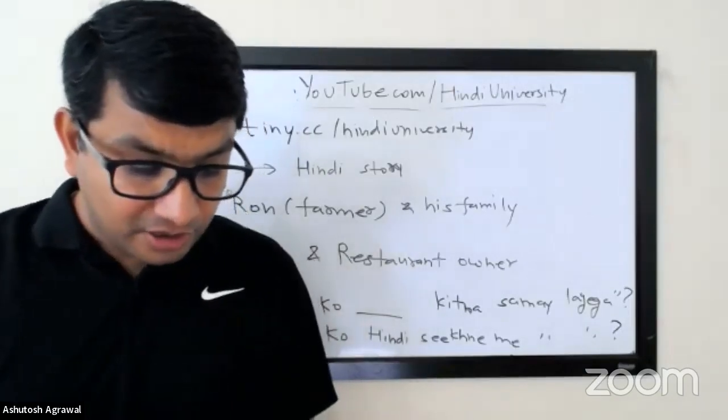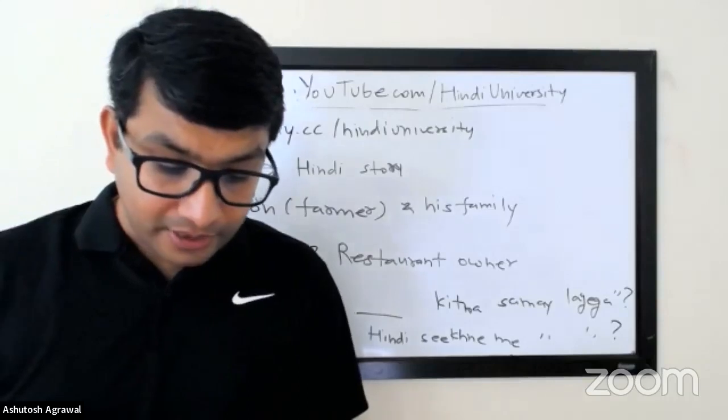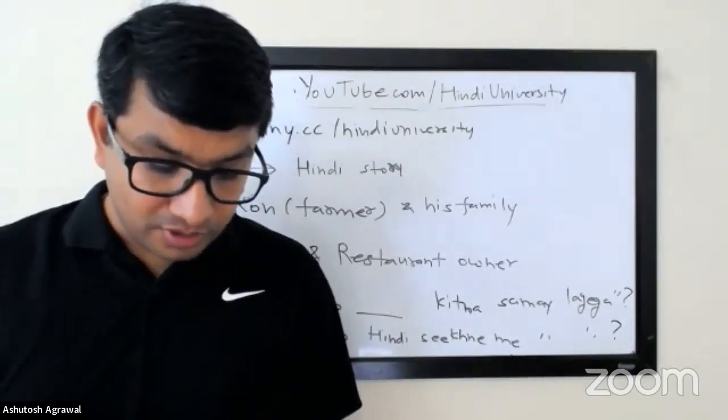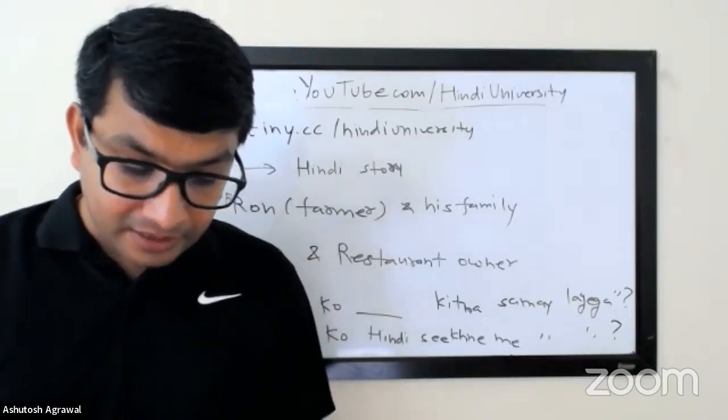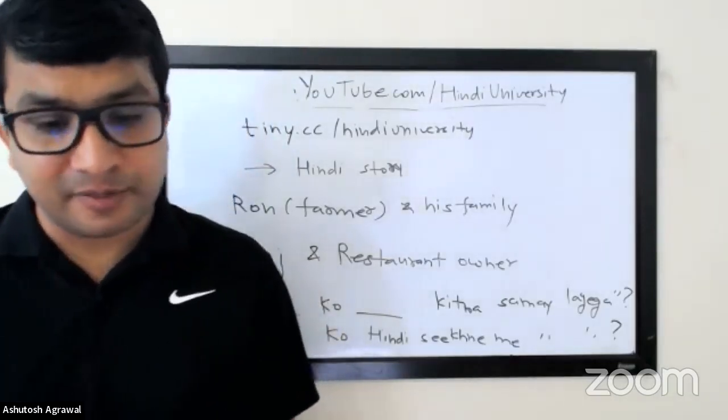Raj to the owner: अगर तुम समय पर खाना नहीं लाओगे तो लोग तुम्हारे यहाँ क्यों आएंगे? Owner: जी साहब, अगली बार जब आप आएंगे तो खाना एकदम समय पर लाया जाएगा.